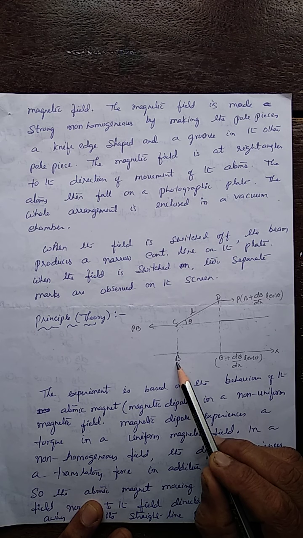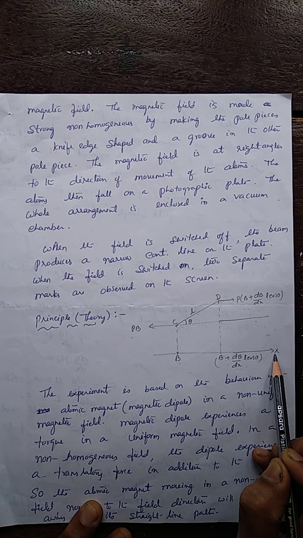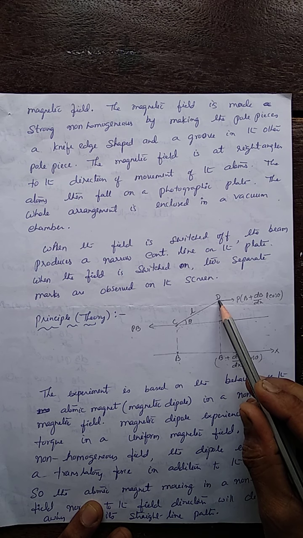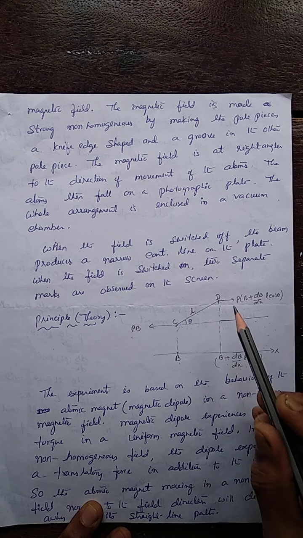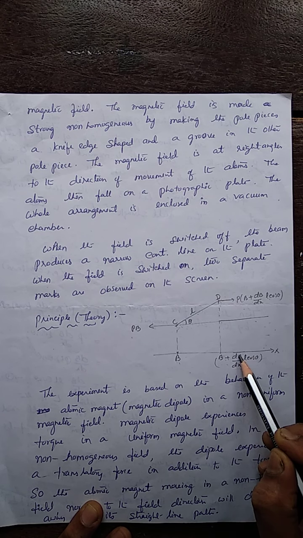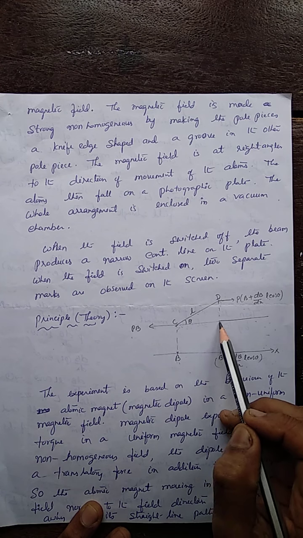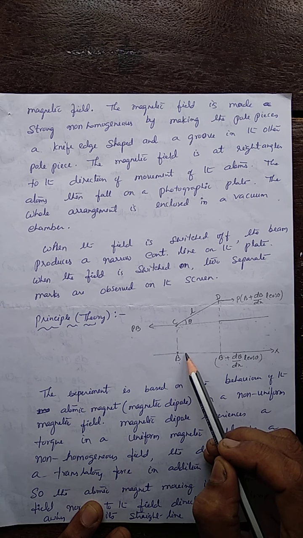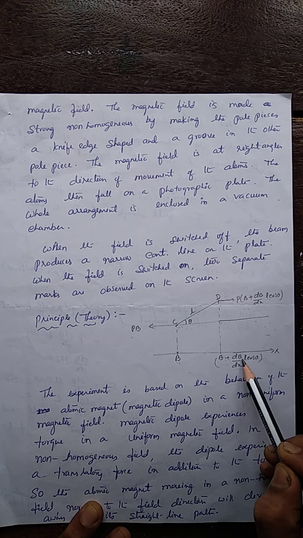And the field is varying along the x direction at a rate of dB by dx, so that the pole D experiences a field of strength B plus (dB by dx) L cos theta. What is this L cos theta? This length is L cos theta. For every dx, the field changes by dB.